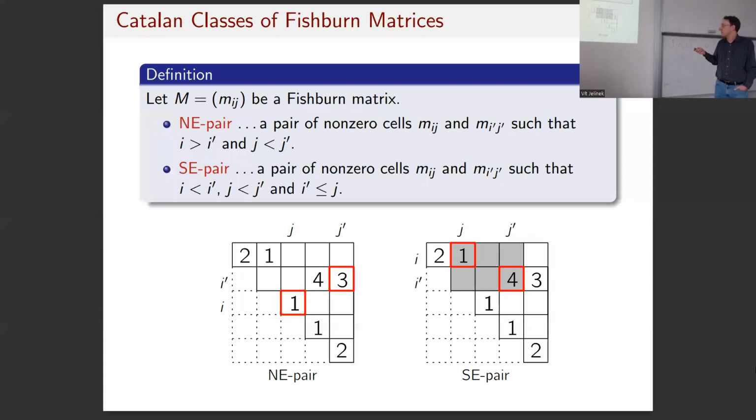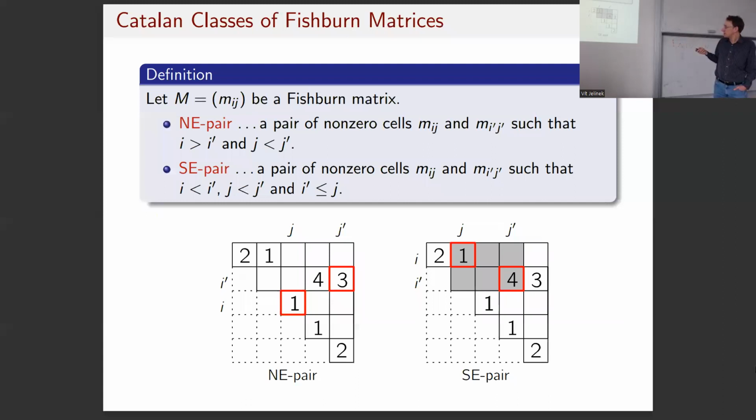So the second one is strictly to the right and strictly below the first one, but, and there's an important extra condition which is expressed in this inequality here, geometrically speaking, I insist that in a southeast pair, the bounding box of the two cells must be completely on or above the decreasing diagonal.